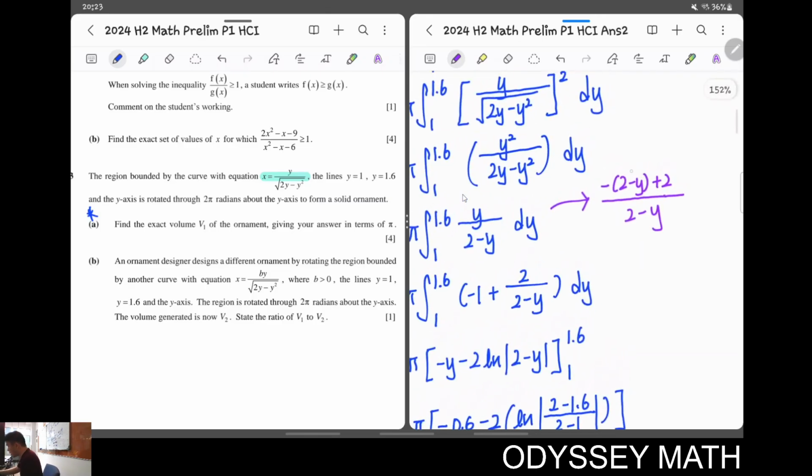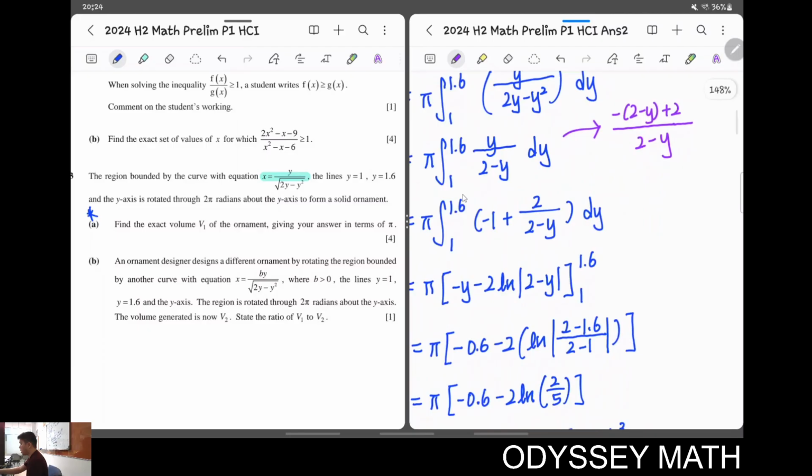So the numerator in essence is still y. Do you agree? Because it's minus 2 plus y, minus 2 plus y plus 2 is y. But what happens here is that this will become my minus 1, and then I'm left with a numerator with a constant. That's the key.